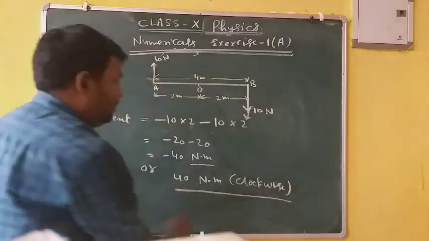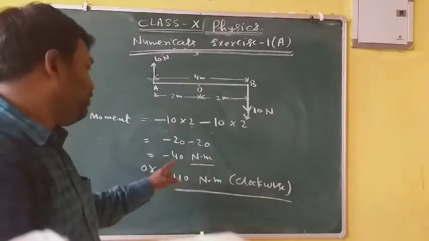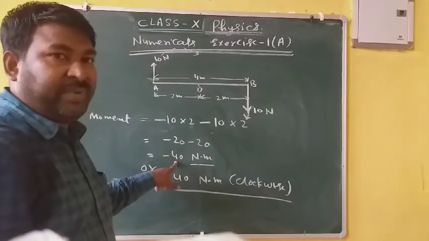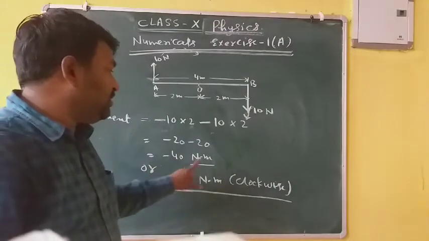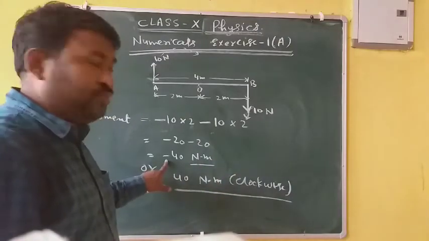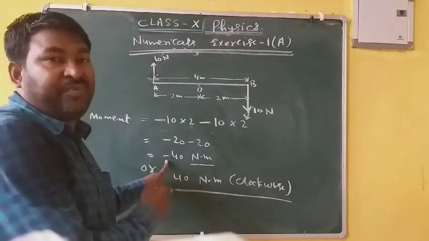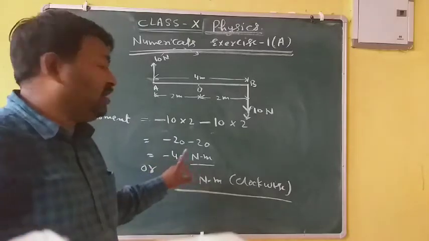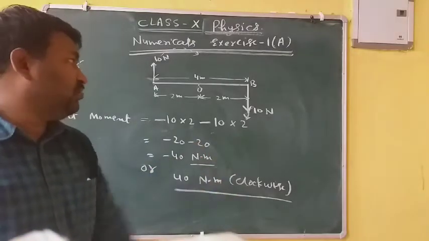Either like this or like this. If you are putting a sign before the magnitude, then you need not mention clockwise or anti-clockwise, since this sign will be enough to give the information.